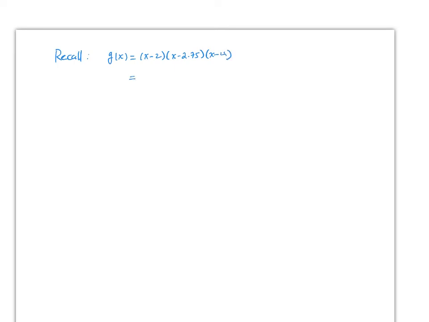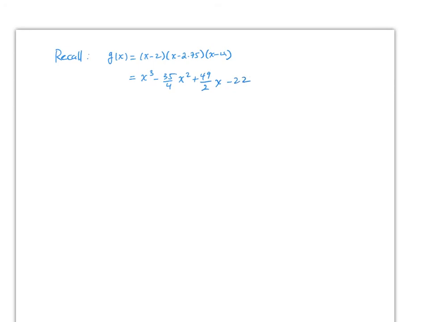And if you distribute, you actually get x cubed minus 35 over 4 x squared plus 49 over 2 x minus 22. So you should check that.